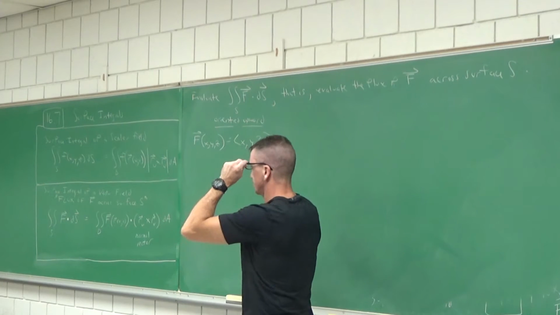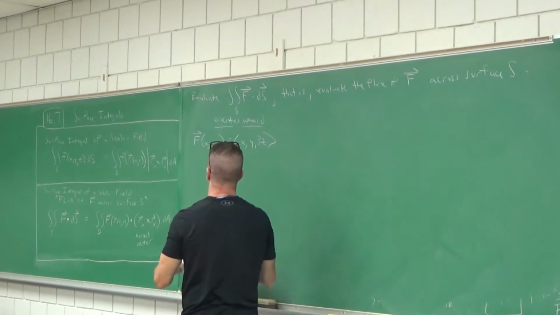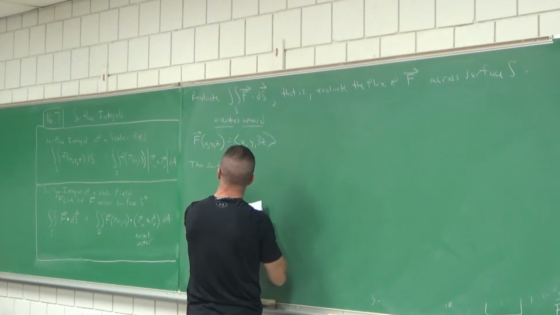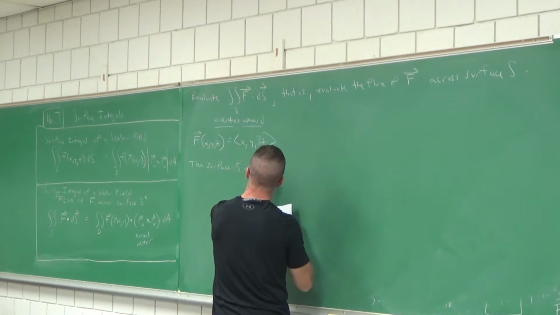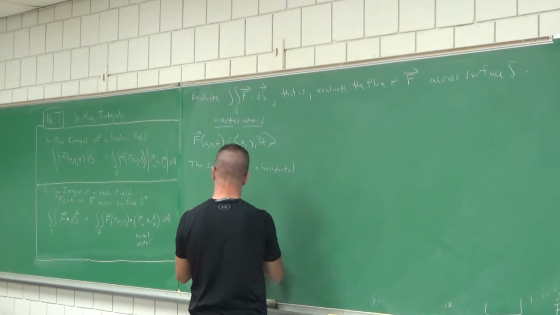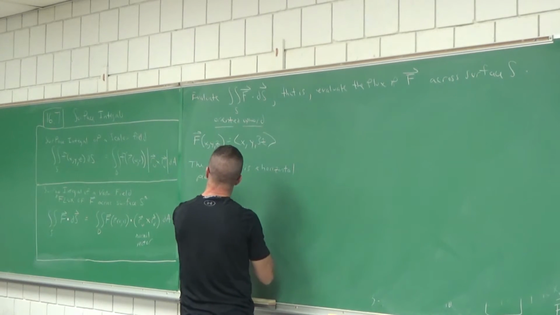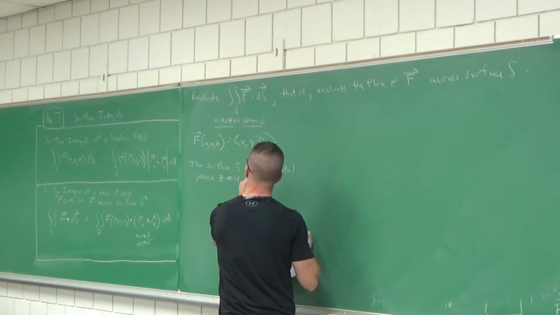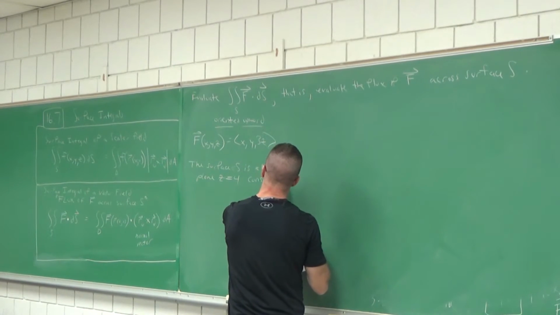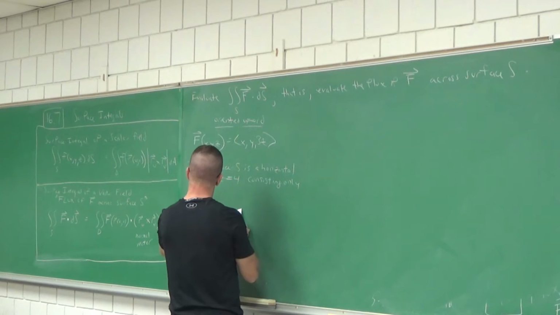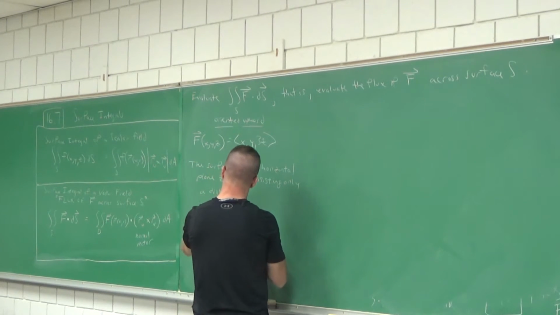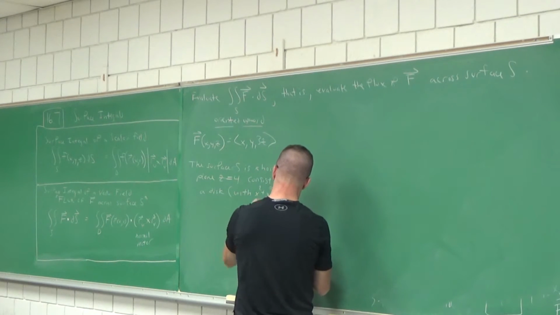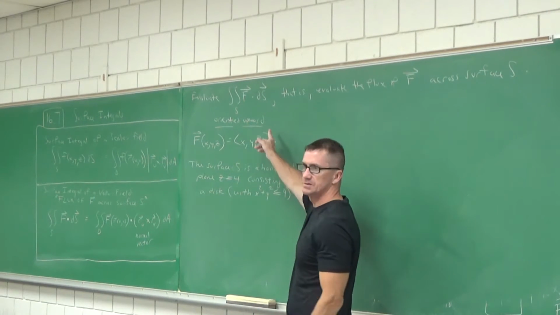And this is what they say about the surface. I'm going to write this down. The surface S is a horizontal plane z equals 4, consisting only of a disc, x squared plus y squared less than or equal to 4, and it has upward orientation.